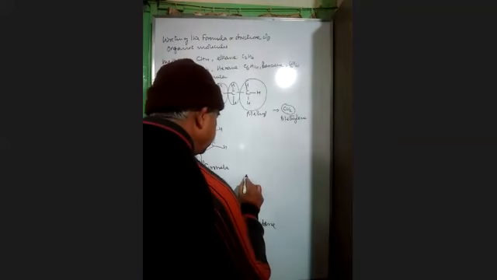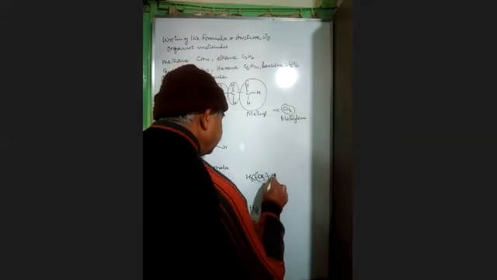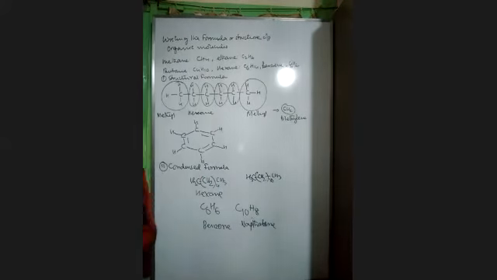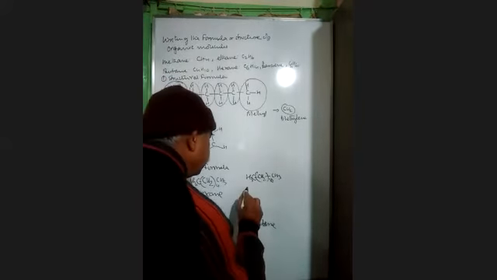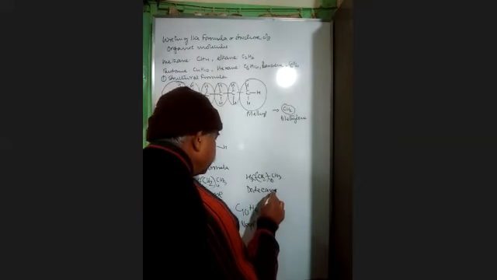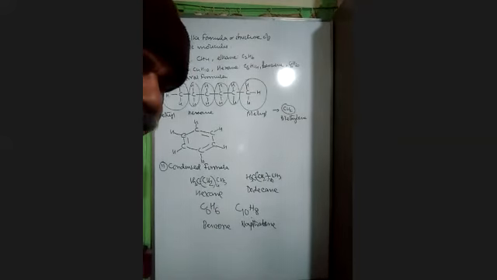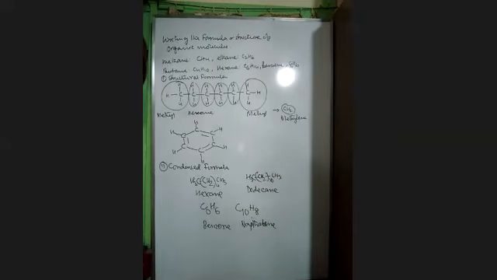Say you can have a molecule with CH3, CH2 ten times, CH3. This is called dodecane. A derivative of dodecane is nothing but what we are using in the form of soap or detergent.